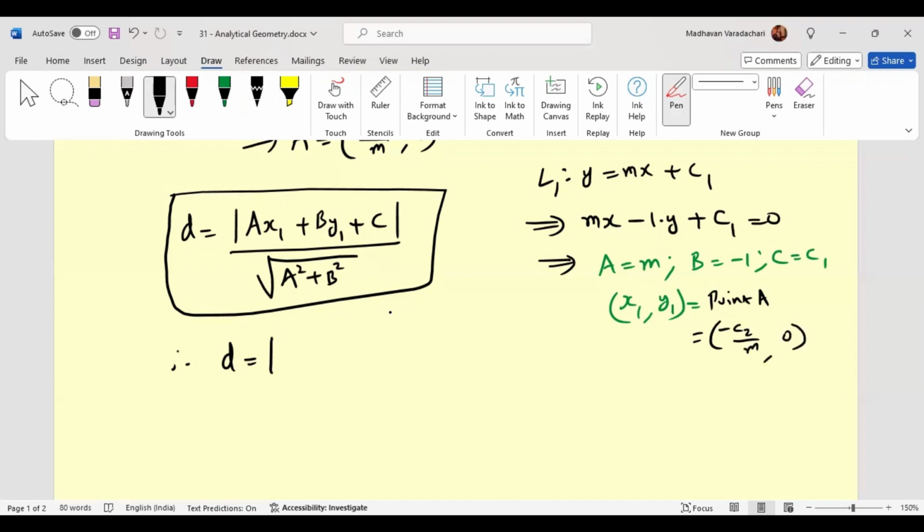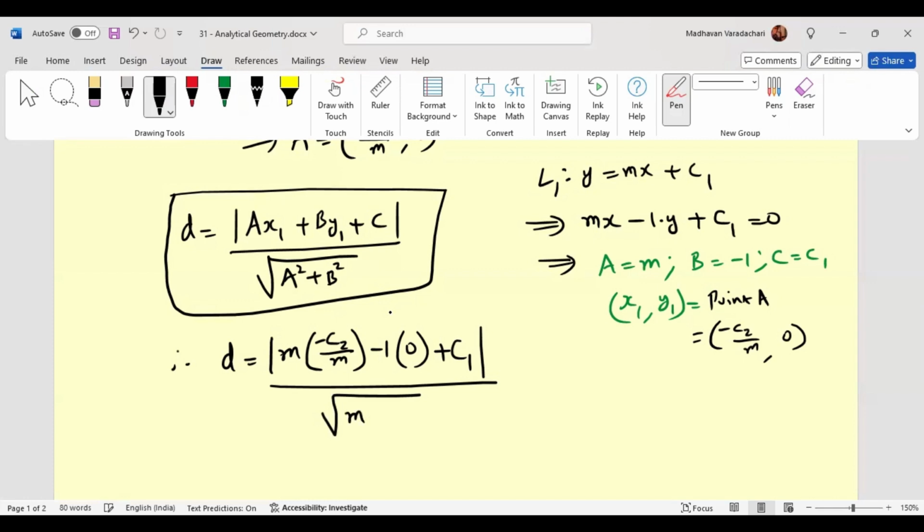So which means A times, that is m times minus c2 by m plus, so here B is negative 1, so minus 1 times y1, y1 is 0, plus C is C1, plus C1 under modulus, whole thing divided by square root of A square plus B square.